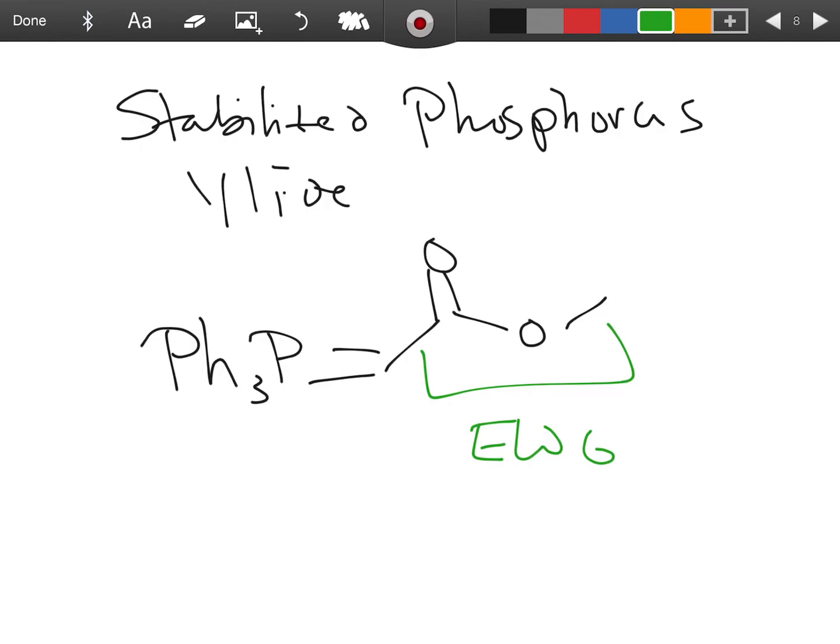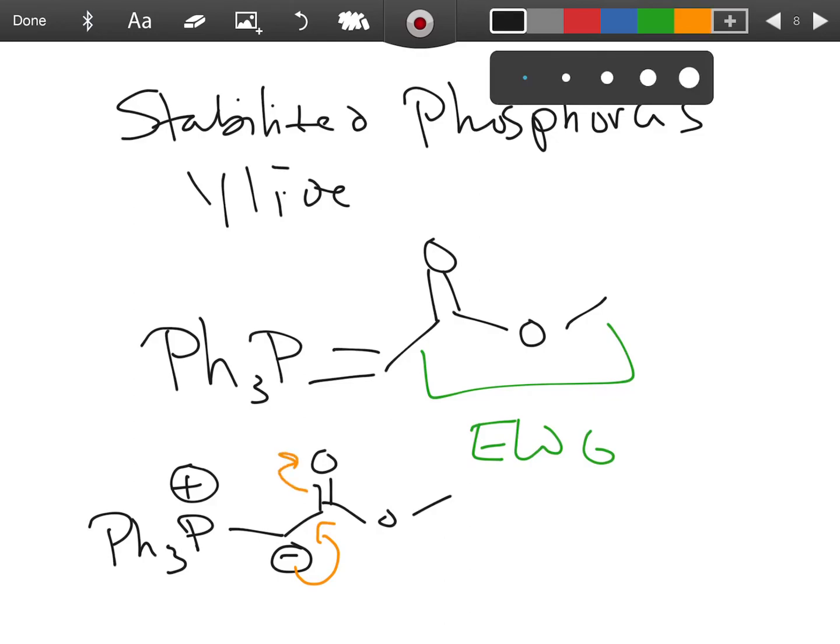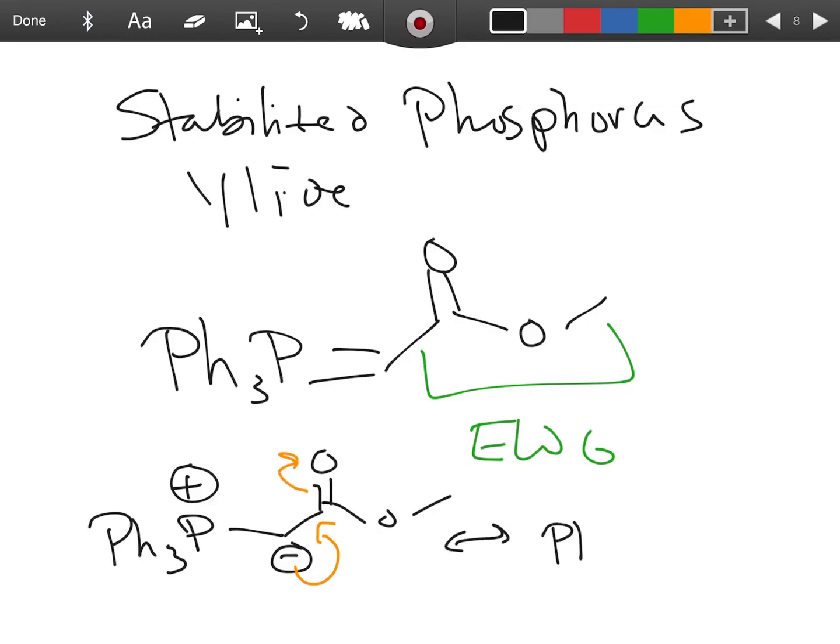These have some electron withdrawing group, so now the ylid, when you get to negative charge, positive charge, that negative charge has another place it can go for resonance. These electrons can come down, push up onto the oxygen. I can draw yet another resonance structure.